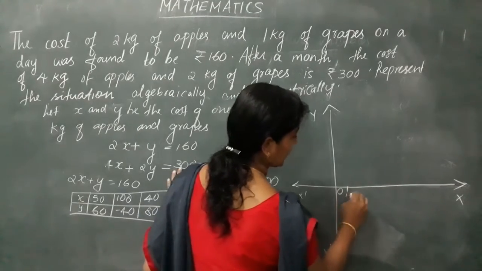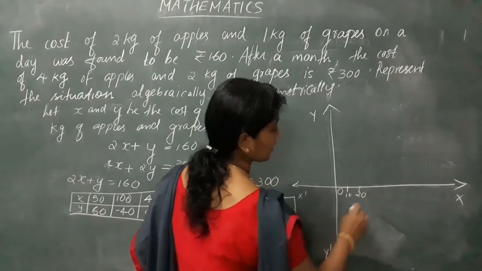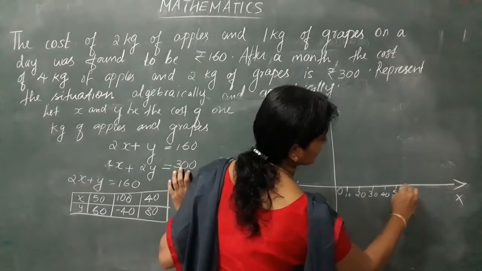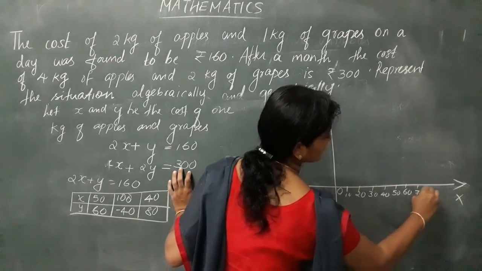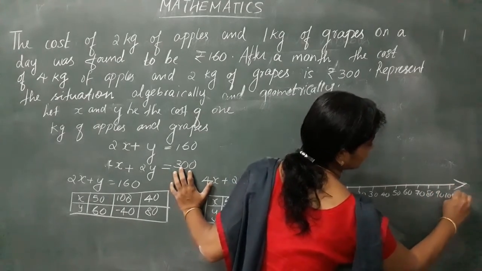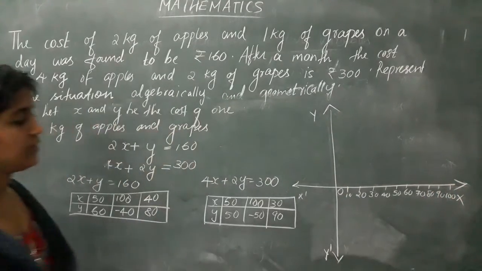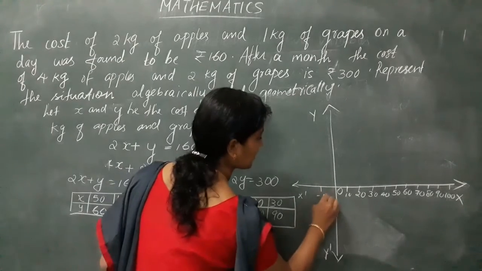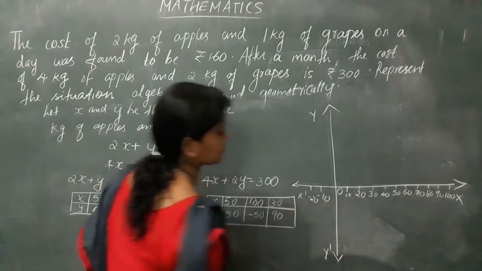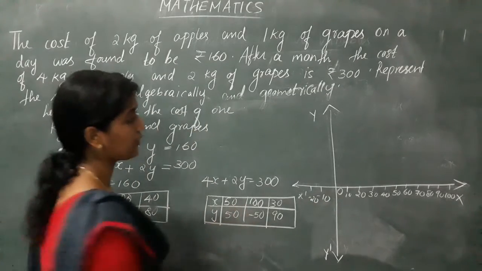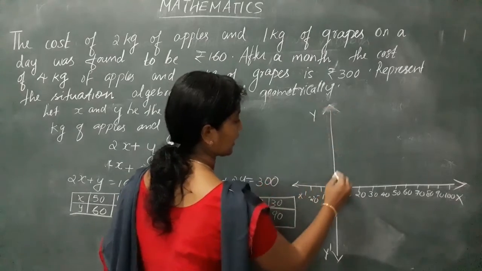So 10, 20 I am taking, then 30, 40, 50, 60, 70, 80, 90, 100. Next, along the negative side, we don't have much value, so minus 10, minus 20, that's enough. Now the y coordinate, we have the values up to 90.